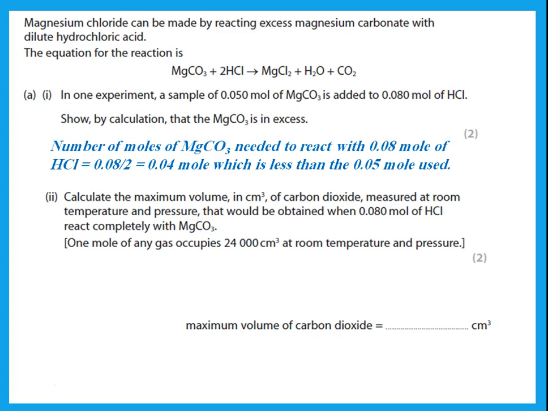So the number of moles of HCl is 0.08. Now look at the equation and decide what would be the number of moles of CO2. Obviously, the number of moles of CO2 is half of that, so that's 0.04. And then I can get the volume of CO2. The volume of CO2 would be the number of moles times 24.